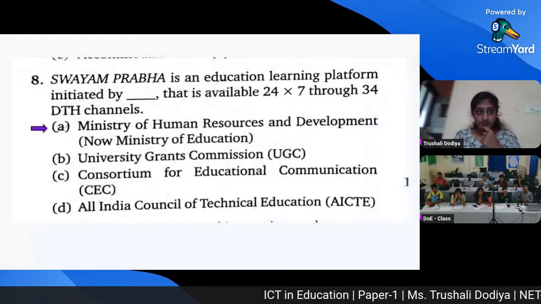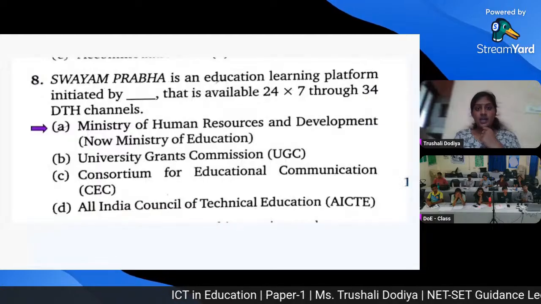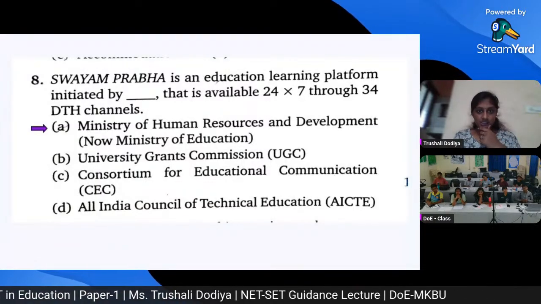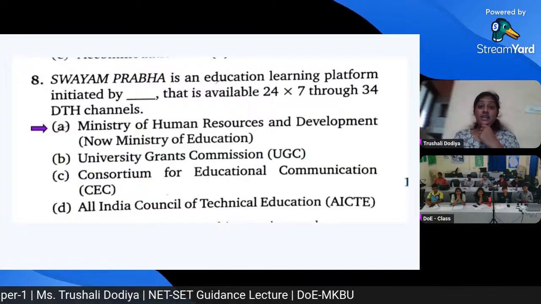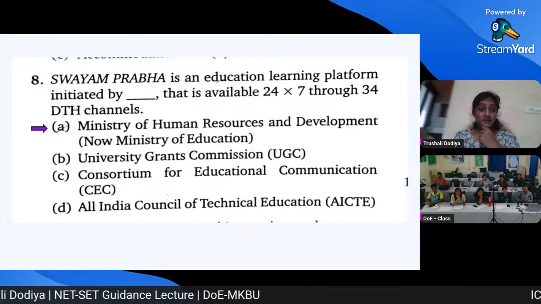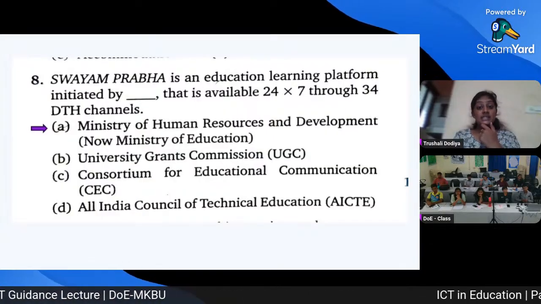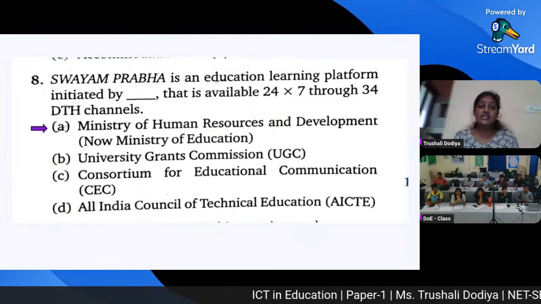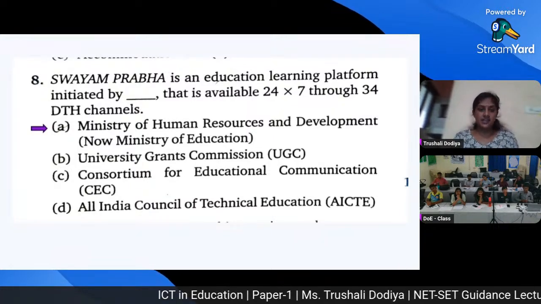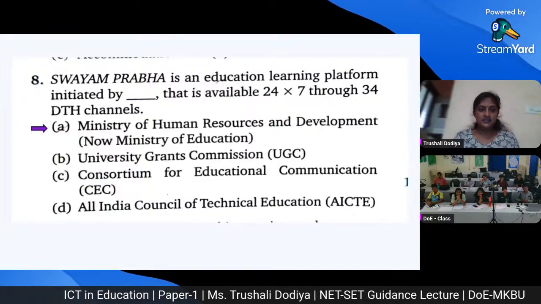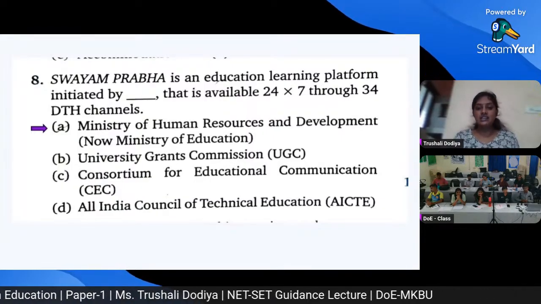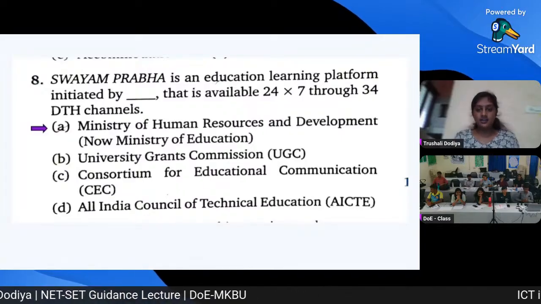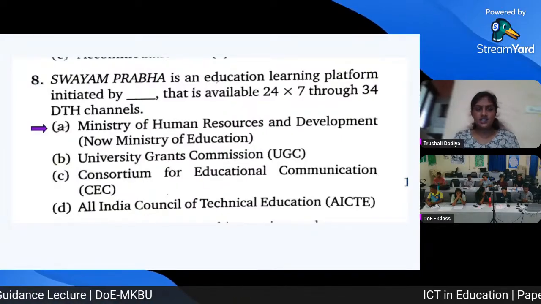Swayam Prabha. I think we have not discussed it in our terms. I think I have forgotten that. Swayam Prabha is an education learning platform initiated by the Ministry of Human Resources and Development, which is now known as the Ministry of Education as well. Those who have dealt or will be dealing with teaching and learning aptitude, yes, in that case this question can also be asked.